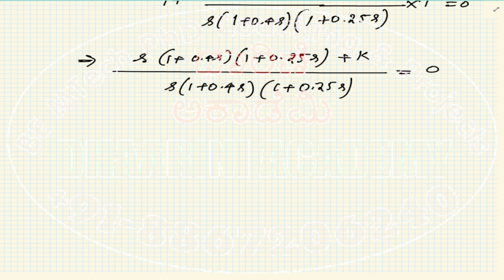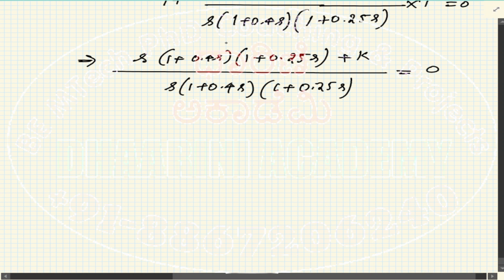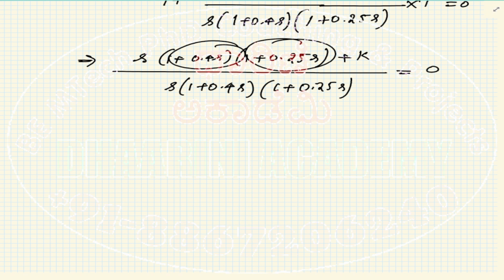What you can do is multiply the bigger terms first. This and this you multiply, and later on you multiply with this.